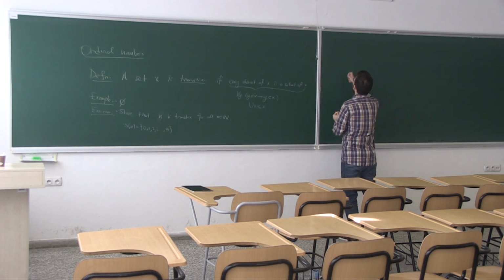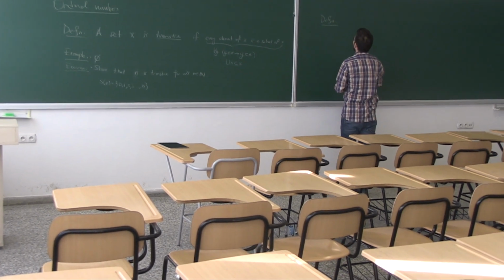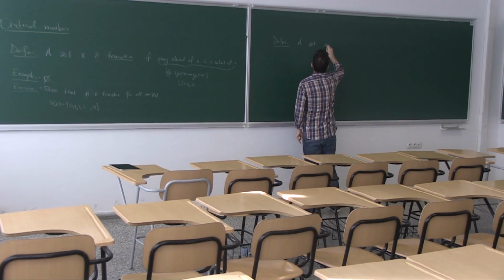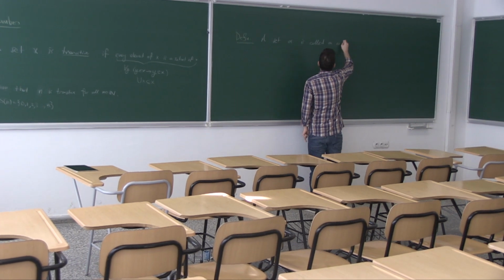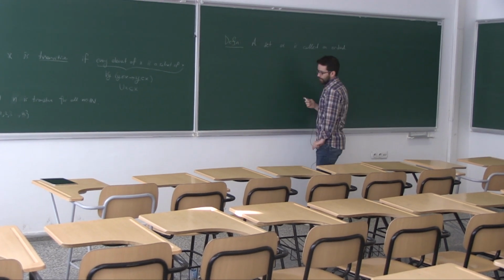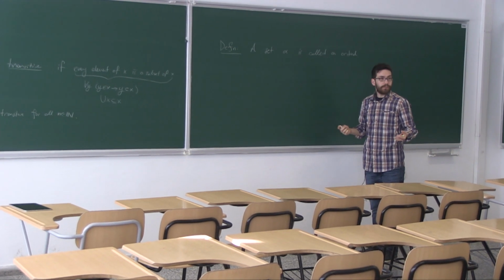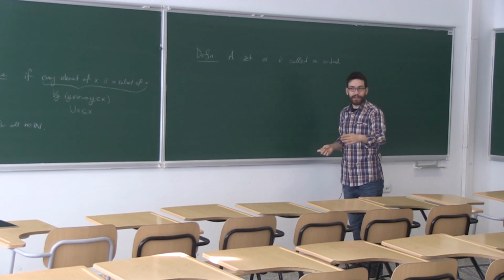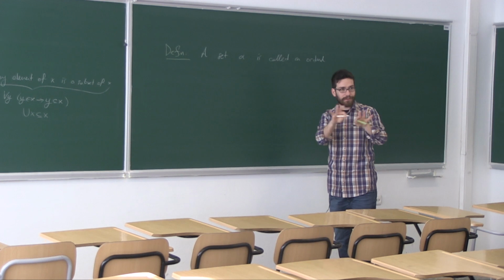Okay, now here comes the main definition, which you should not forget. A set alpha is called an ordinal. There's a tendency among set theorists to use Greek letters alpha, beta, gamma to denote ordinal numbers, and when I use kappa, lambda, and so on, those are going to denote cardinal numbers.